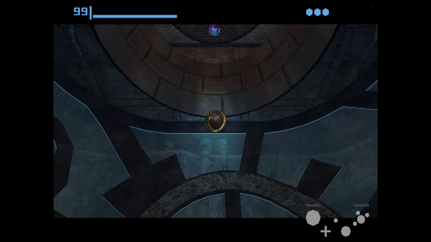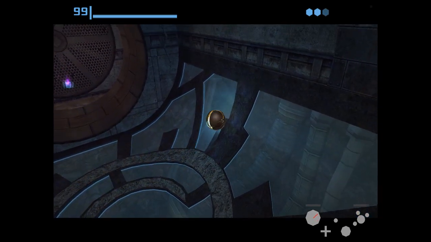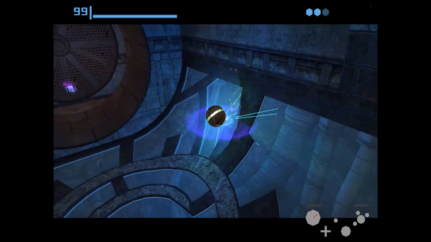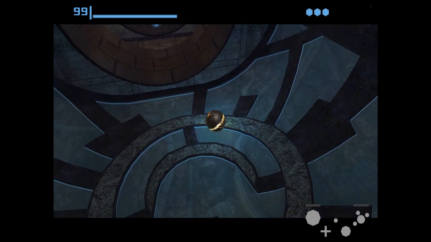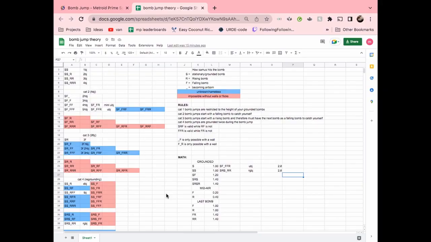It's impossible. It's a little bit hard to show because it's only possible with the help of a wall. So I would have to lay a bomb, and then a rising bomb. That is essentially how half-pipe bomb jumps work.